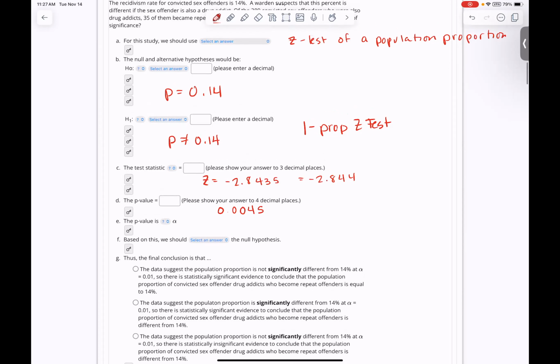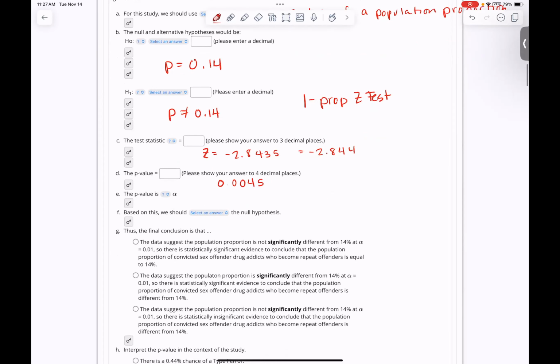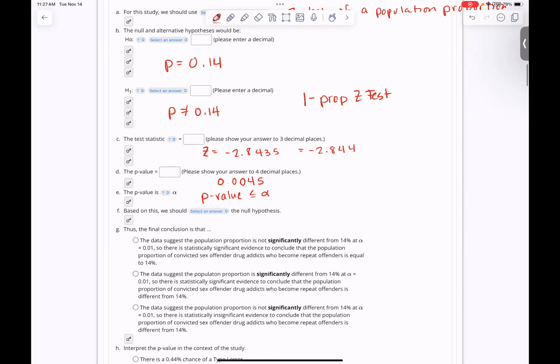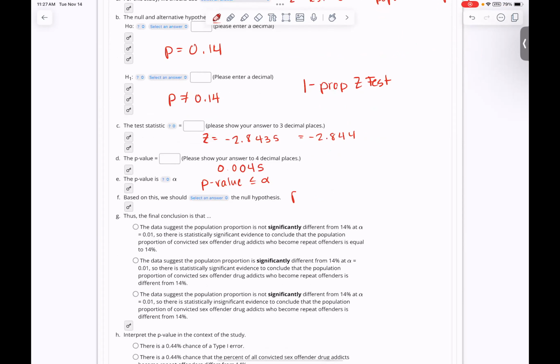Okay, so what was our alpha? Our alpha is 0.01. So our p-value is less than or equal to our alpha. And if our p is low, our null must go. So we're going to reject our null hypothesis.